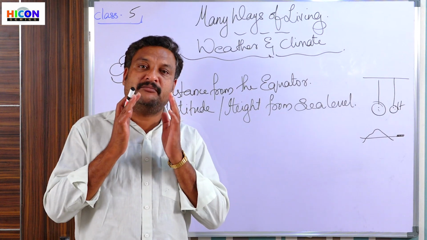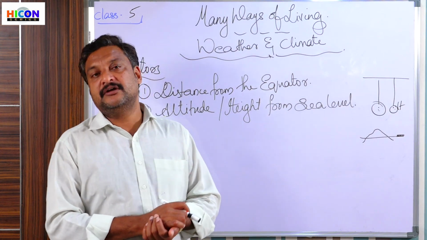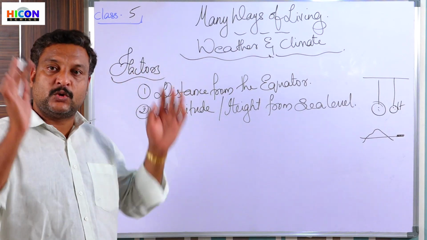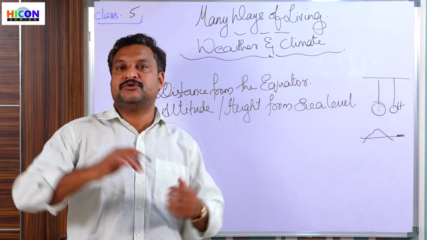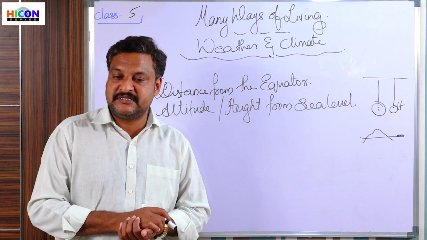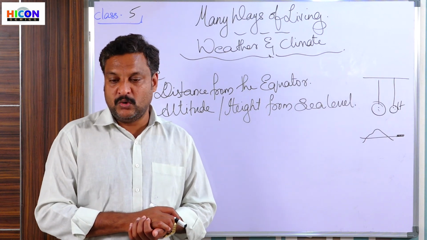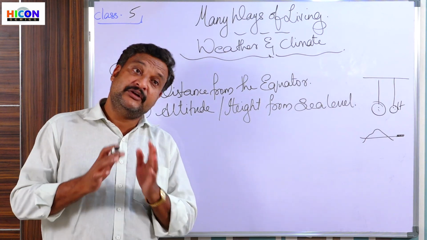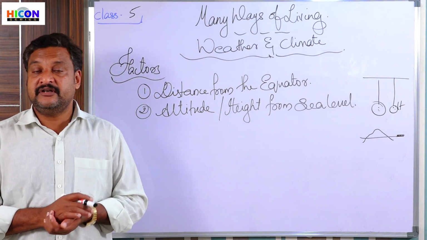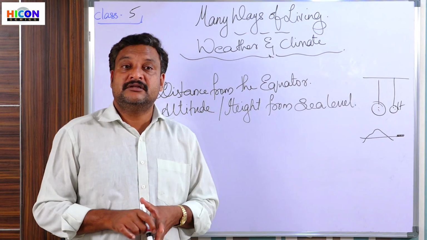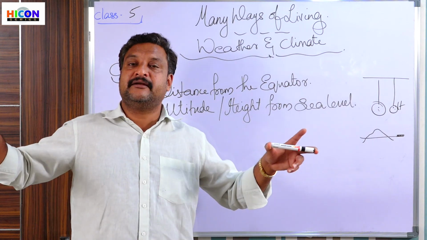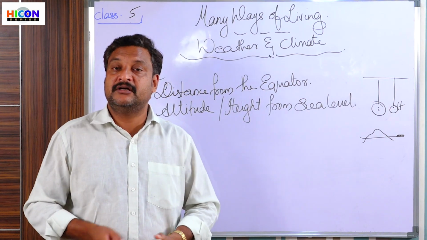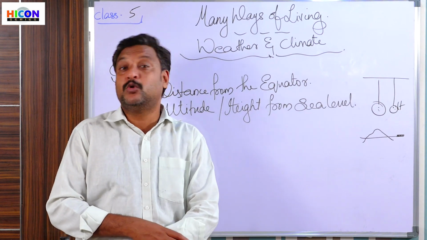So what are the major changes that happen there? Basically it becomes cool. As we go higher in altitude, it becomes cooler. Even during the summer season, the land areas along the plain regions will be hotter, whereas the hills will be cooler.